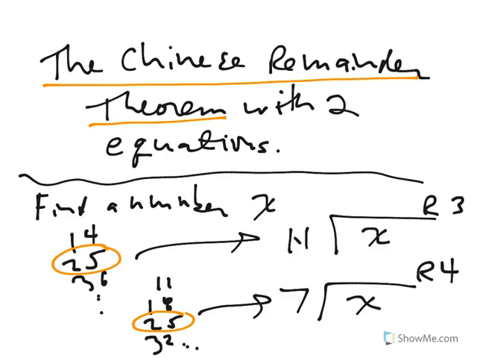So I'm going to show you a process that works nicely for 2 equations. And it's going to specifically be for questions where the number I'm dividing by is prime.